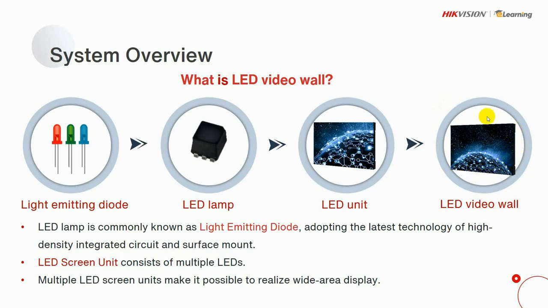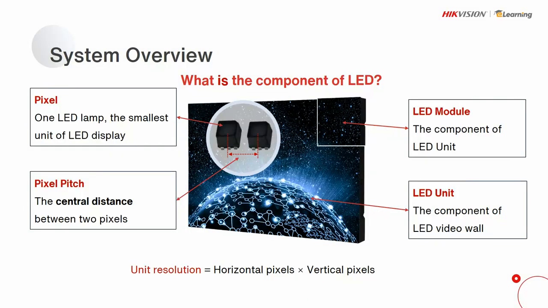That's why we need to minimize the seam between LED modules. Otherwise, it will affect the viewing, right? Now we know the composition of LED screen. Then we have to understand the pixel pitch, which is the central distance between two pixels. So the smaller the pixel pitch is, the more detailed the picture we can see.